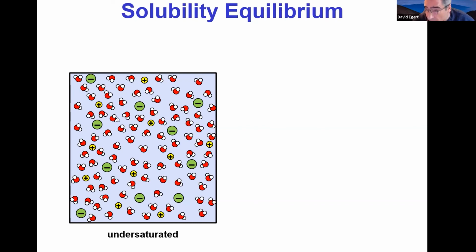From looking at this, you can now see we have independent charges floating around. A sugar molecule is not charged. Remember I said overall a sugar molecule is polar. It's got an imbalance from one side to the other, but overall it's a neutral thing.